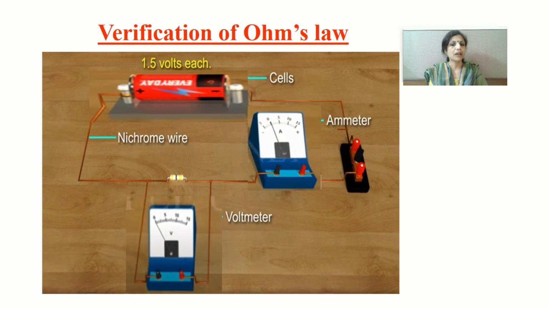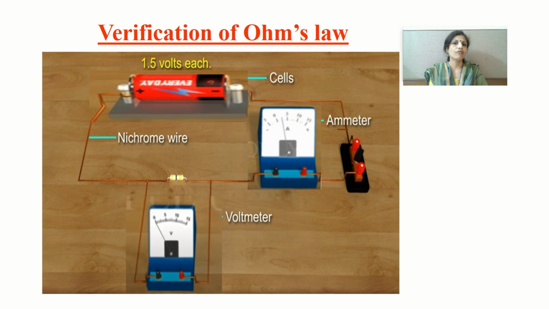The moment you plug in the key, you will see a change in the readings of the ammeter and the voltmeter. Please check. Before it was 0 reading. Now when you plug in the key and there is one cell connected in the circuit, the pointers of the ammeter and the voltmeter have changed.